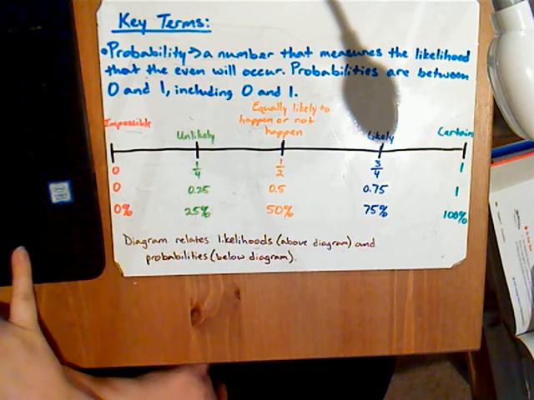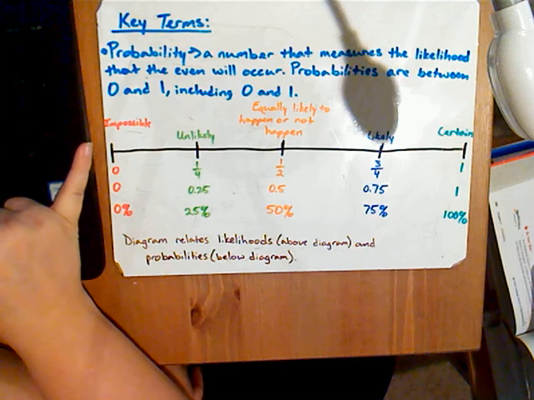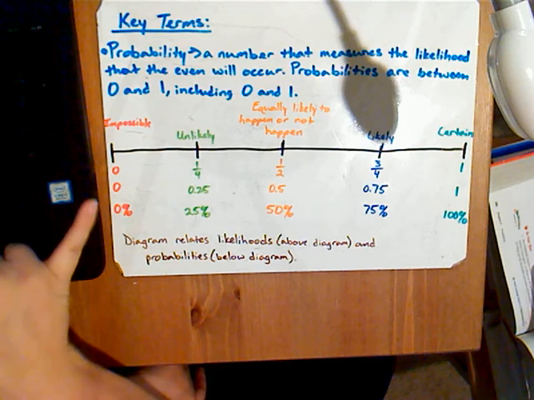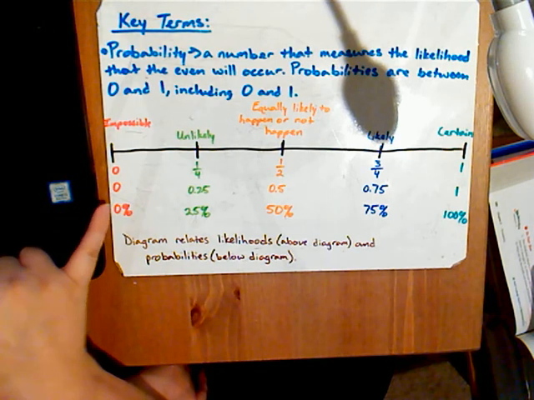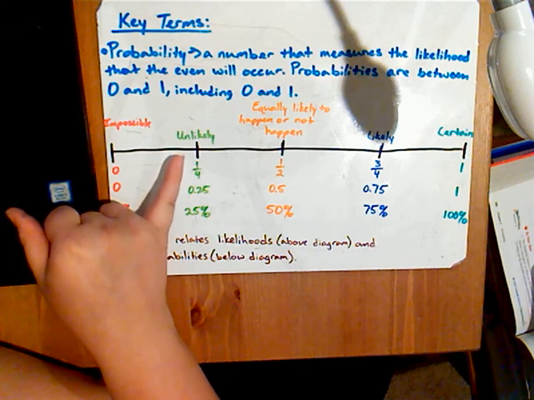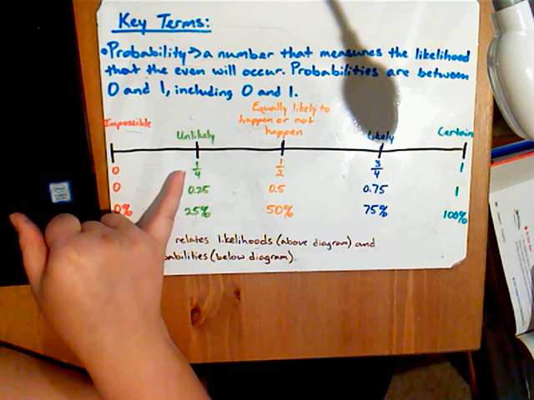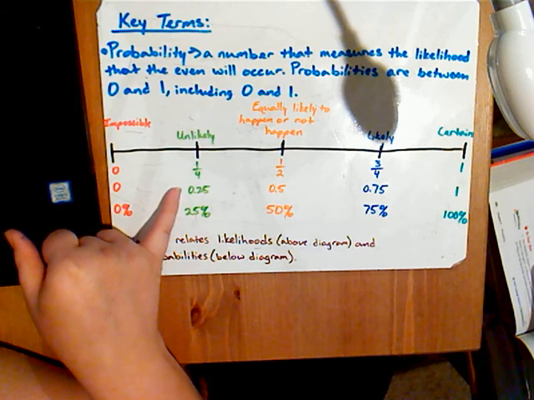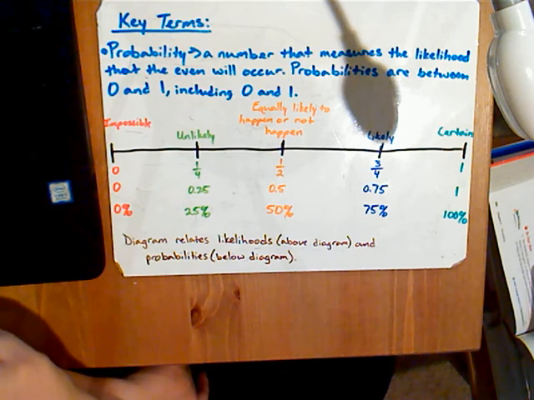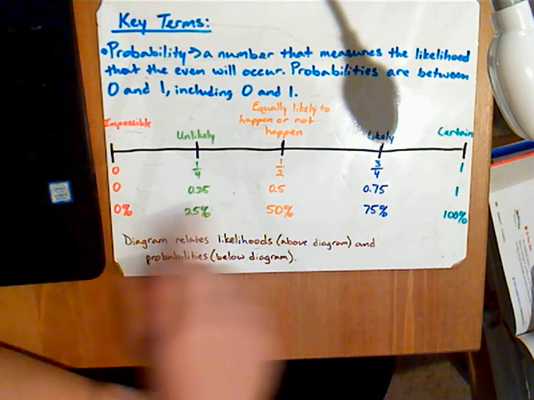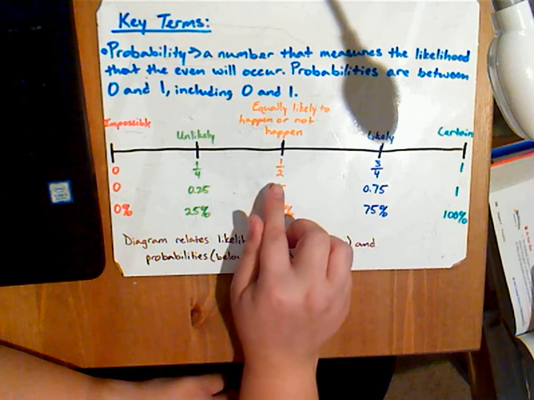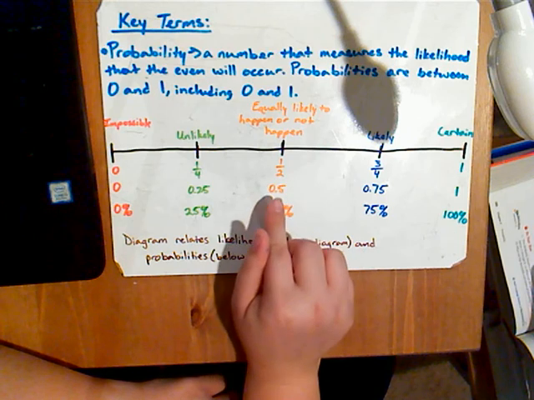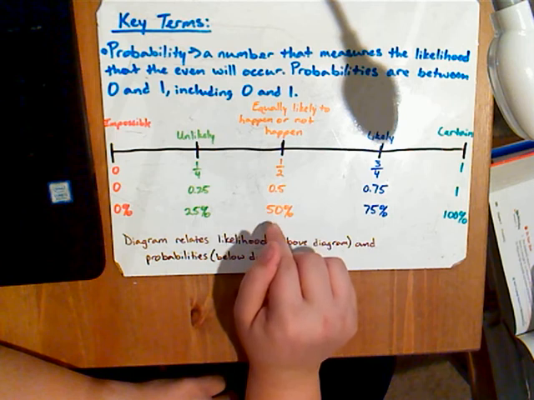With an impossible likelihood, of course, it's going to be 0 as a fraction, decimal, and 0%. Unlikely, you're going to have 1/4, 0.25, or 25% as your probability. Equally likely to happen or not happen, you have 1/2, your decimal is 0.5, and your percentage would be 50%.